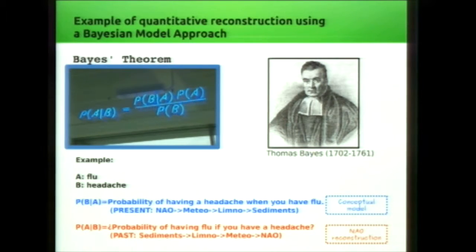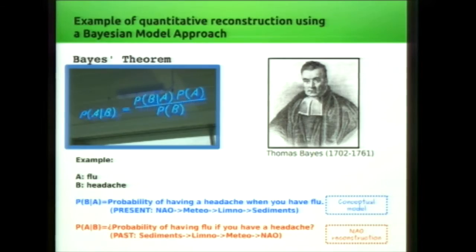In other words, this is the conceptual model, and is how it's transmitting the NAO signal to sediment in the present. So using the Bayes theorem, we can know the probability of having the flu if you have a headache. In other words, this is the NAO reconstruction, going from the analysis of the sediments in the past to reconstruct the NAO.